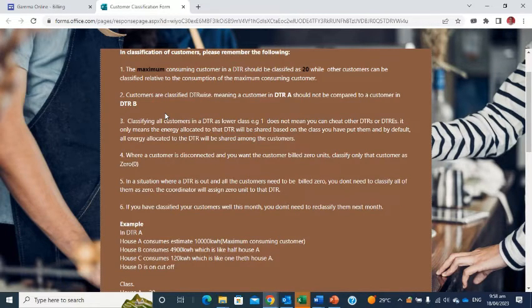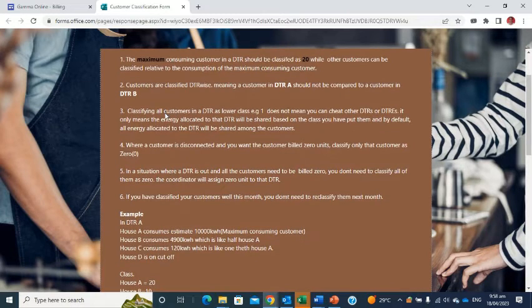The second point is this: customers are classified DTRO wise, meaning a customer in DTRO A is not to be compared to another customer in DTRO B. What this means is that if you have two transformers, for instance, one is DTRO A, another one is DTRO B. Because the maximum consuming customer in DTRO A has two deep freezers, and there's another customer in DTRO B who has one deep freezer, meanwhile that customer in DTRO B is the maximum consuming customer in DTRO B, don't rank that second customer 10.